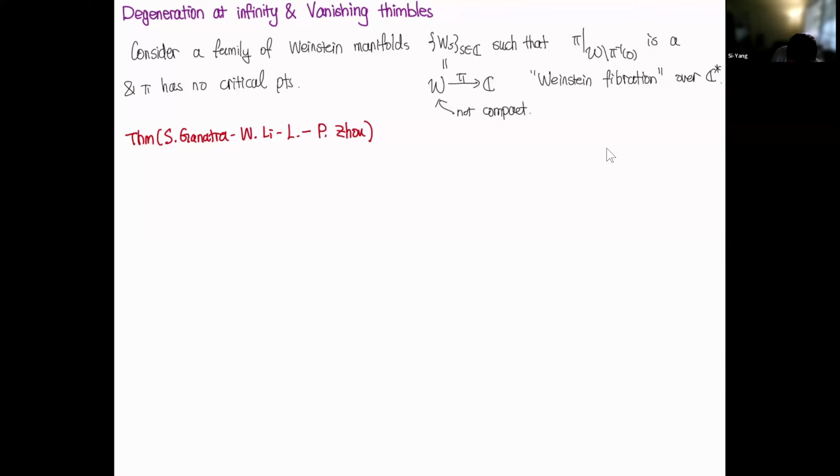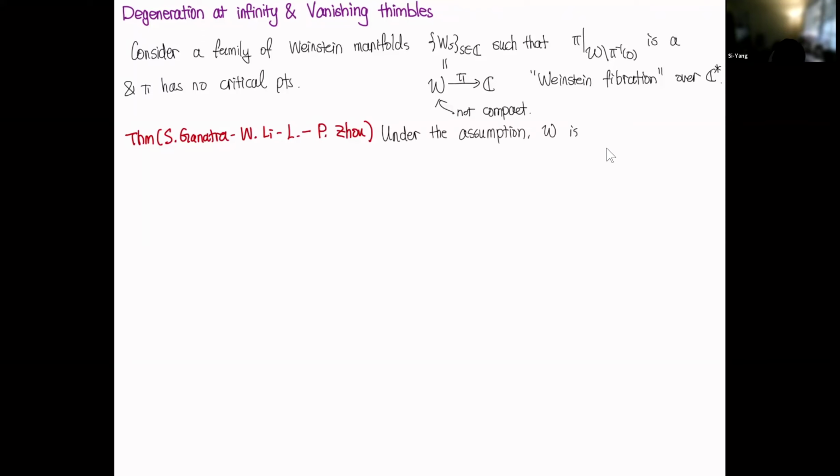is the following. There are actually two such results, but let's just say, in this case, under the assumption, the topology of the family is completely determined.